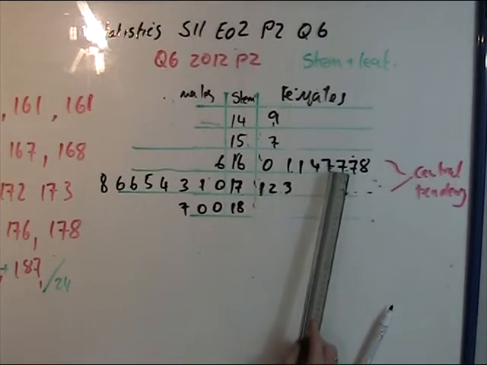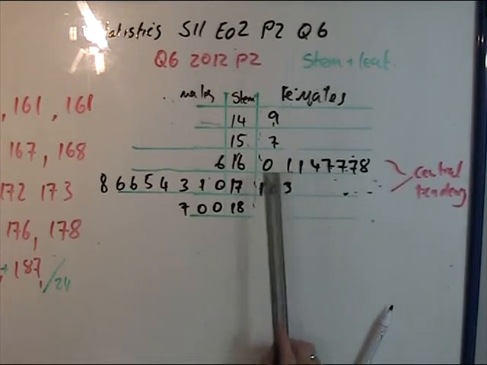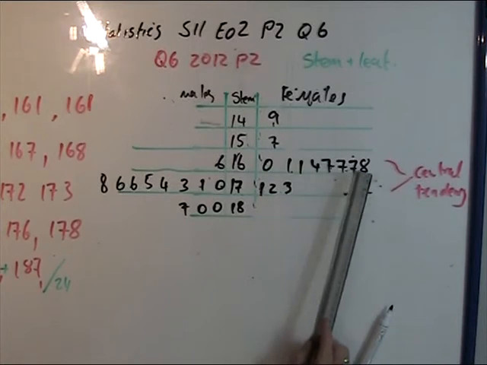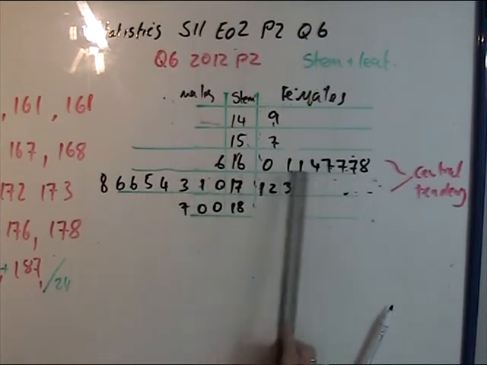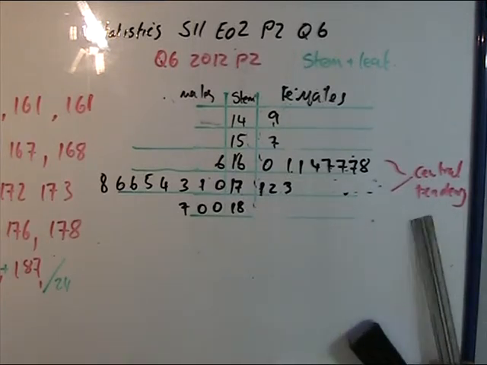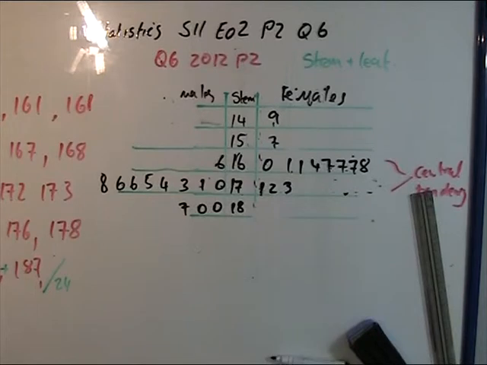So you would say that on average, in the median, there seems to be a difference of 10 centimeters. But really it's your interpretation of the graph.